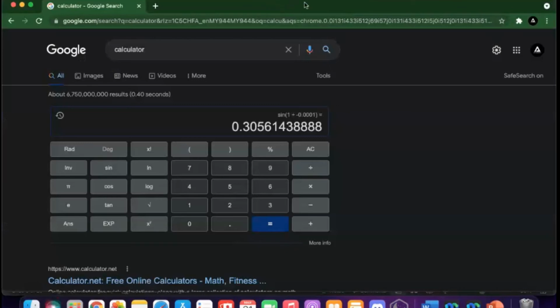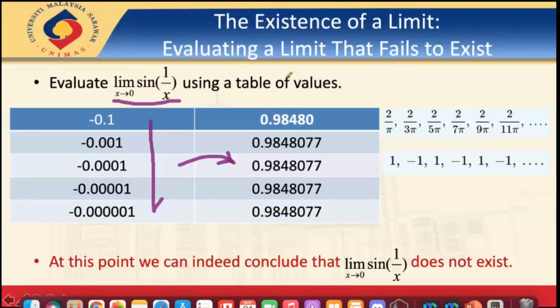Okay, let me use. So we are discussing the concept of limit of a function, and now we are trying to decide whether the limit exists or doesn't exist. So how will we decide that the limit of some function exists?